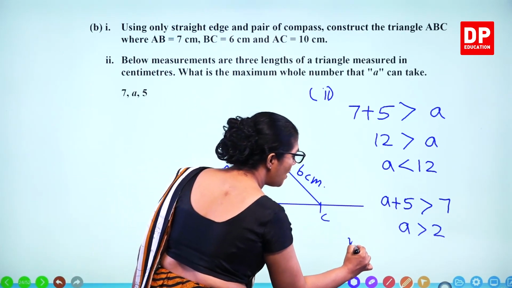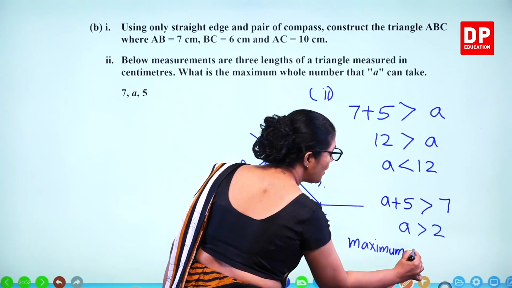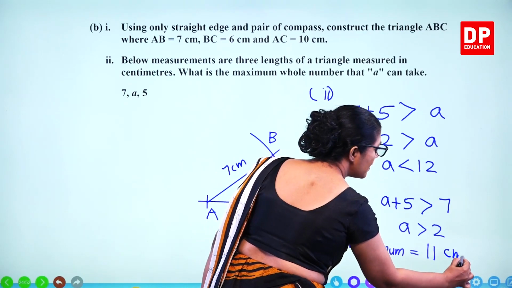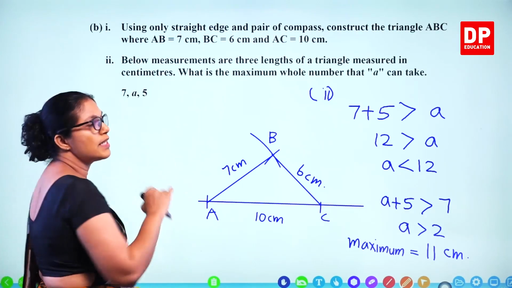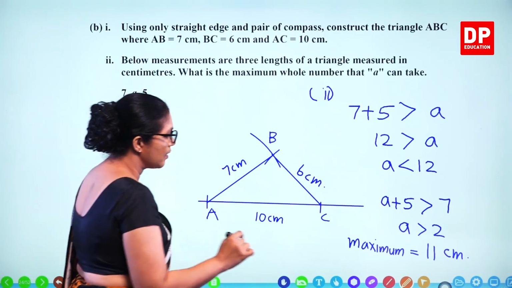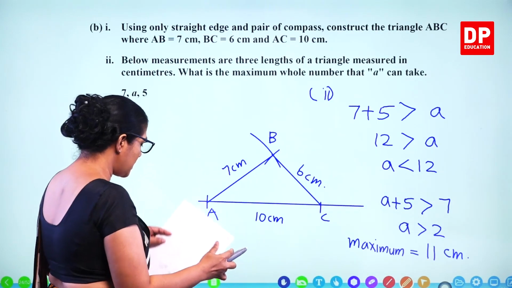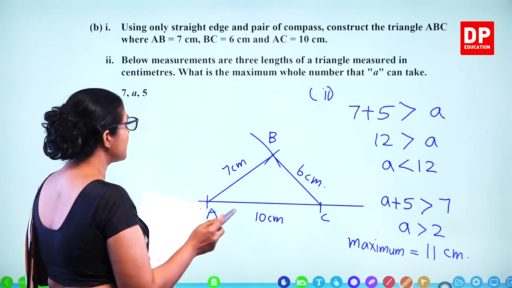So what's the maximum? Maximum whole number. That's 11 centimeters, because all these measurements are measured in centimeters. So how many marks for these 2 parts? You are getting 5 marks for this construction.